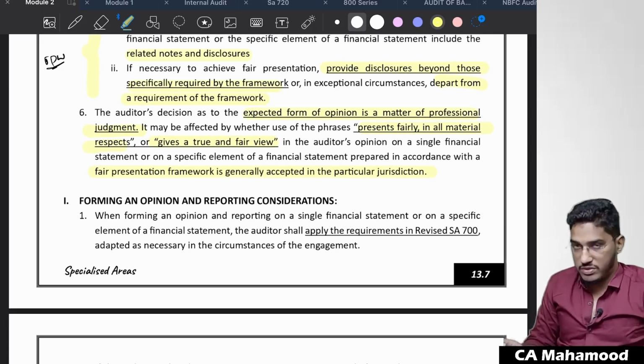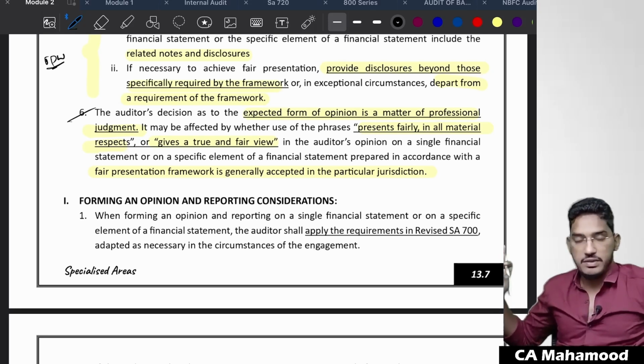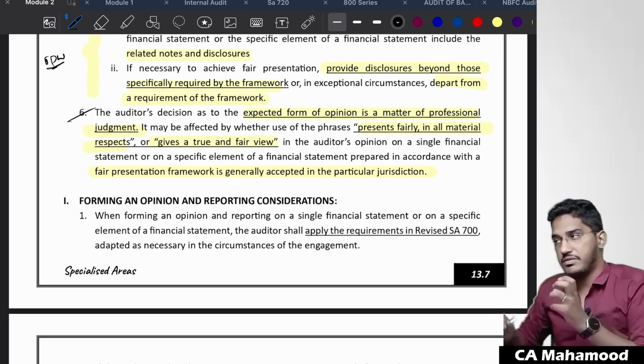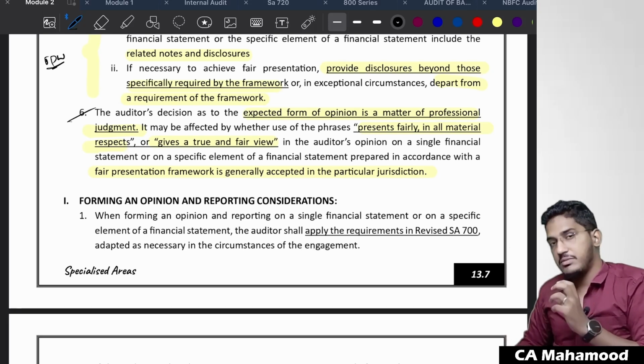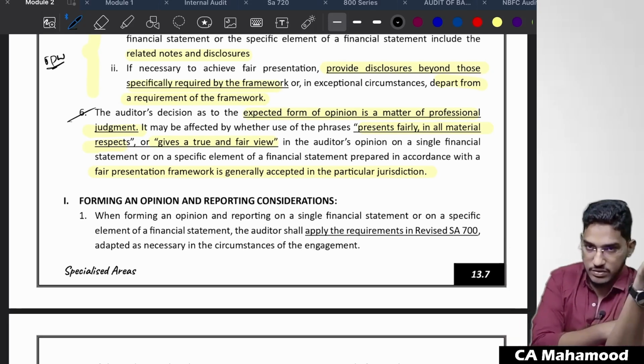In most jurisdictions, you can follow whatever reporting requirements are given in the applicable financial reporting framework. Whatever reporting requirements you follow in the case of a complete set of financial statements, the same requirements you can follow in this single financial statements audit also.